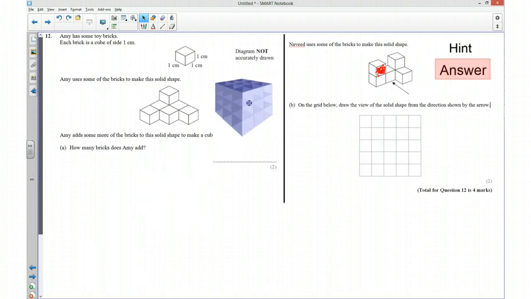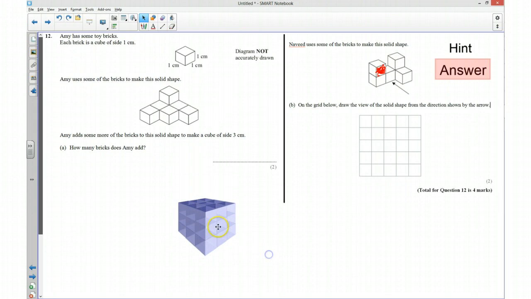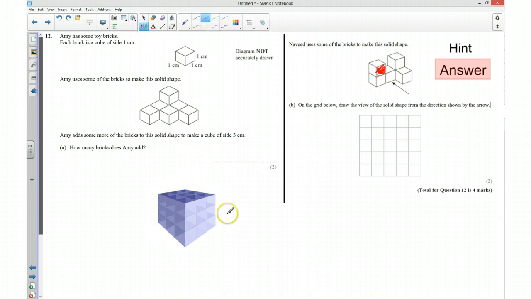This is a 3x3 cube, and if we just look at this front layer over here, I've got 3, 6, 9 cubes on the front layer, and I've actually got 3 of these layers, so that means I've got 9 and then another 9 in the middle and another 9 at the back, so that's going to be 27 cubes altogether.